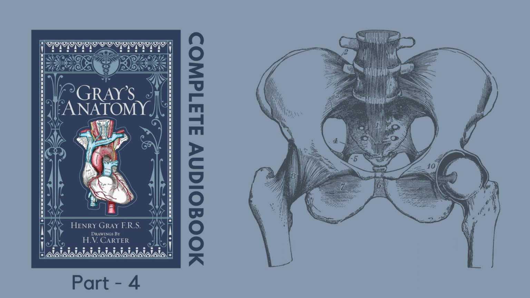The anteroposterior diameter extends from the tip of the coccyx to the lower part of the pubic symphysis. Its measurement is from 90 to 115 millimeters in the female. It varies with the length of the coccyx and is capable of increase or diminution on account of the mobility of that bone.